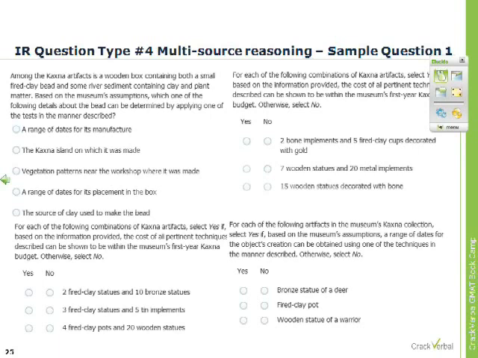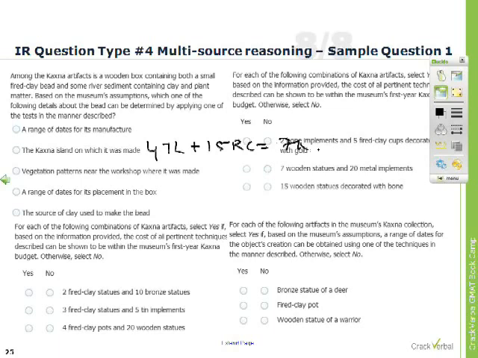Here the assumption is that both have the same weightage. No, even if I don't assume any weightage. You are assuming, right? No, it's quite possible. 4 TL plus 15 RC is equal to 7K. Divide the entire thing by 2. That's what I'm saying. 2 TL plus 7.5 RC is equal to 3.5K.